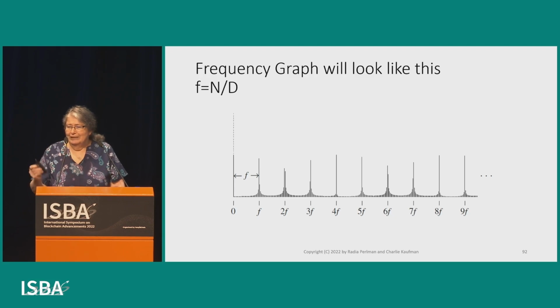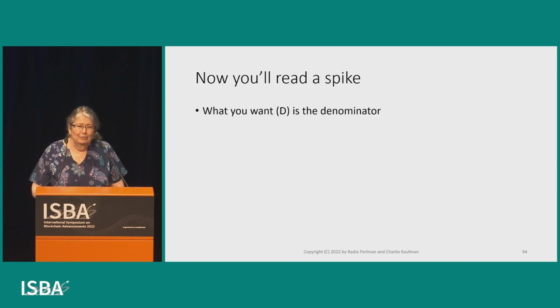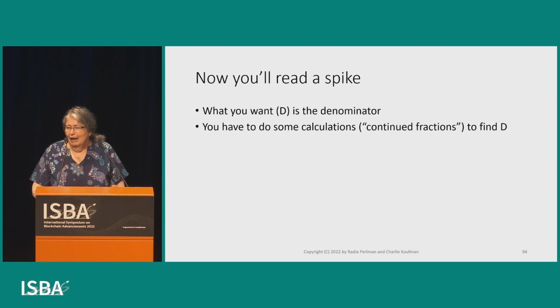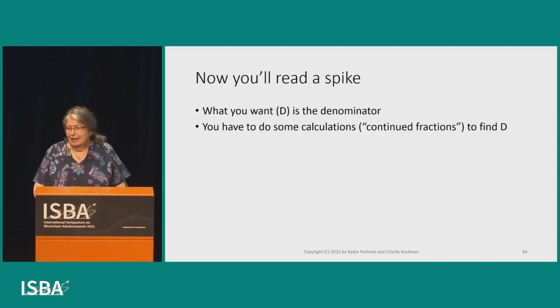And so you'll wind up with a graph that looks like this. And if you read a spike, you'll get a value, which is very frustrating because d is in the denominator. It's not the thing you want. But you have to do some calculations, which are normal, efficient calculations on a normal computer, called continued fractions. And that will enable you to get the denominator d.